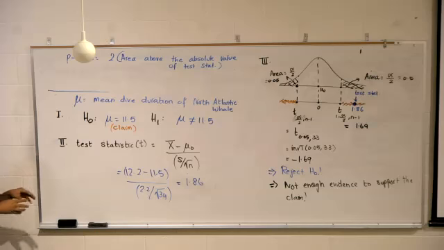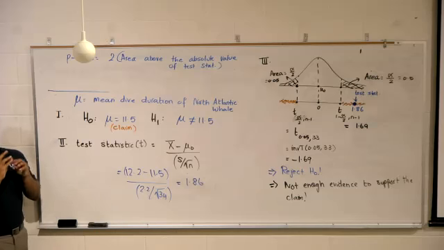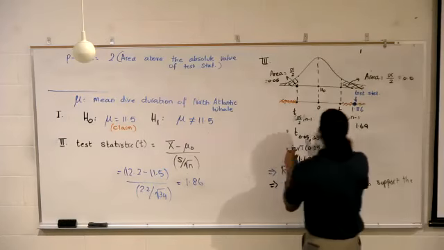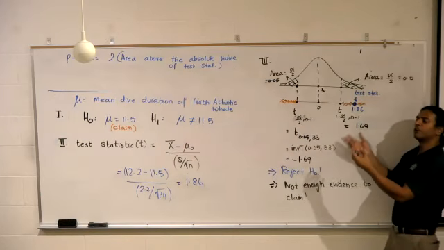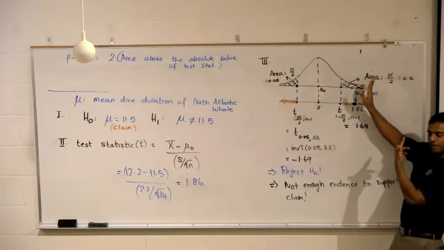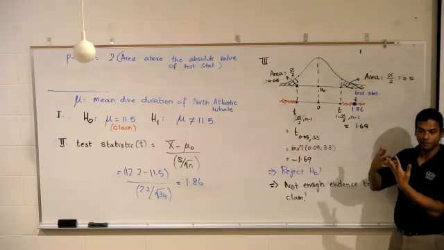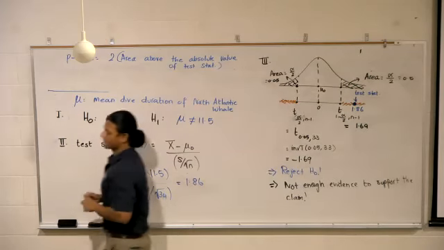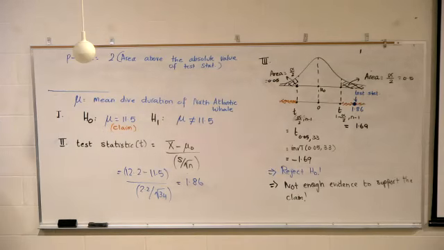Now you may ask me, where does this 2 times come from? Well, we've got the right hand side, we've got the left hand side. I'm going to find the area on one side and multiply it by 2, because it's a two-tailed test.